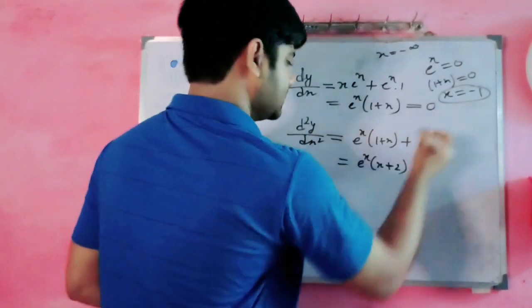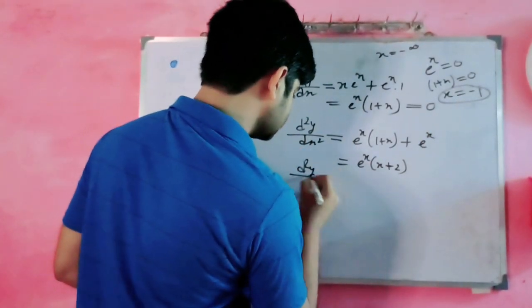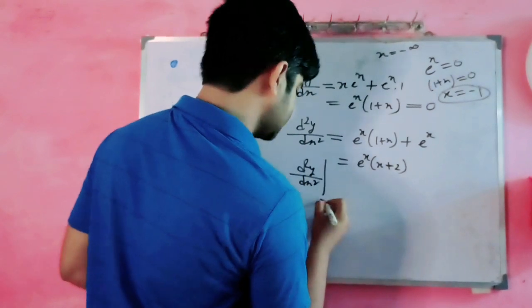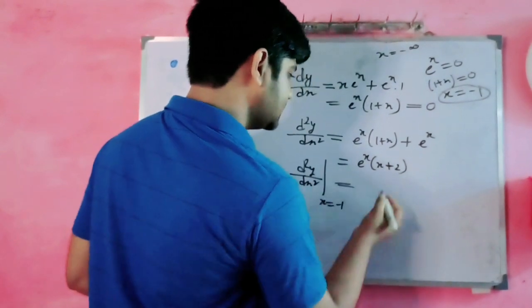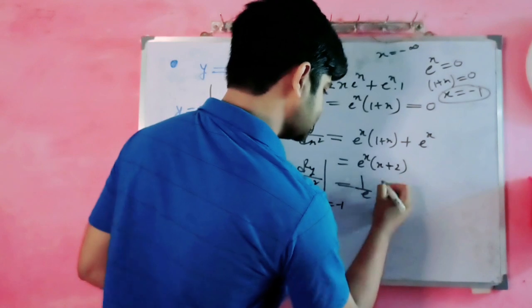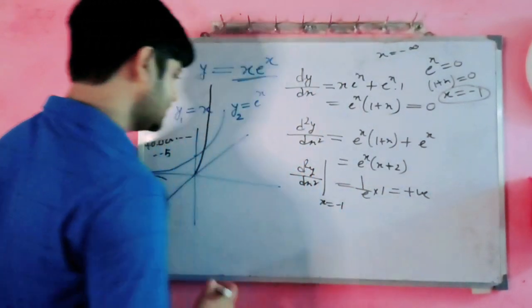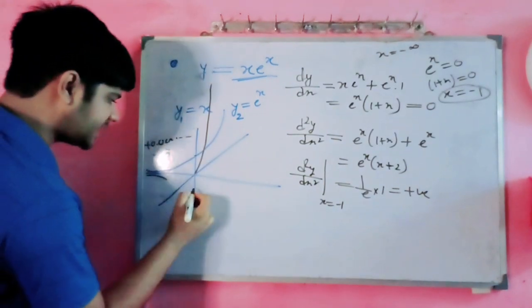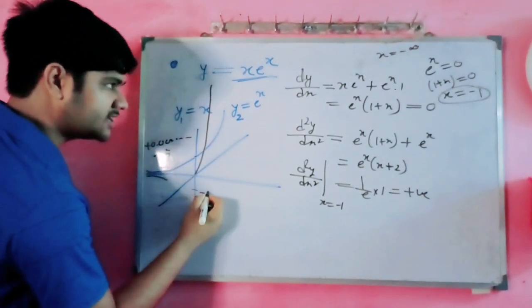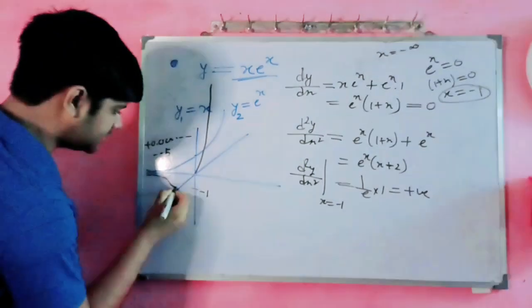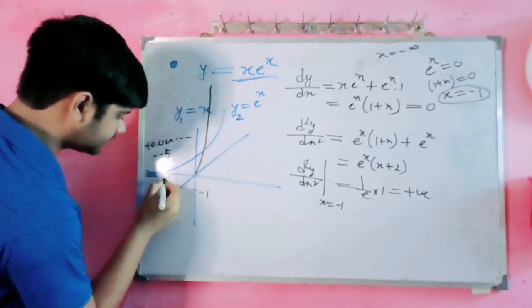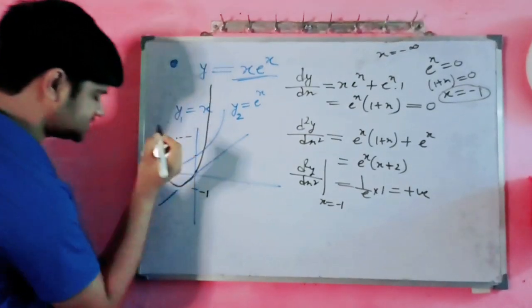If I put x equals minus 1, then we get 1 by e, which is positive. That means there will be a minimum here at minus 1, like this.